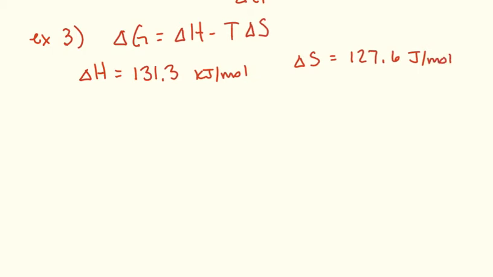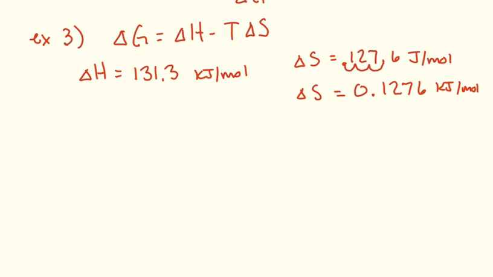Right away, we know that we're going to have to convert our delta S, so I'm going to do that right at the beginning. So 1, 2, 3, we can rewrite this as 0.1276 kilojoules per mole. Now what we know is that when delta G is negative, the reaction will be spontaneous. When delta G is positive, the reaction will not be spontaneous.